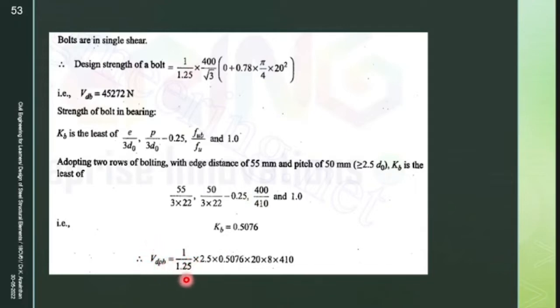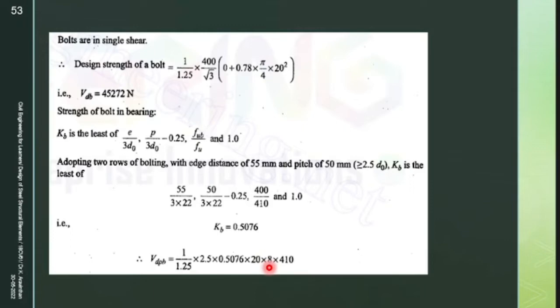If you find the bearing strength, the factor of safety is 1.25, you know that, and 2.5 is a constant. Kb value, this is the least, 0.5076. What is the diameter of the bolt? 20 mm. You have two thicknesses: one is the section thickness and another is the bracket.